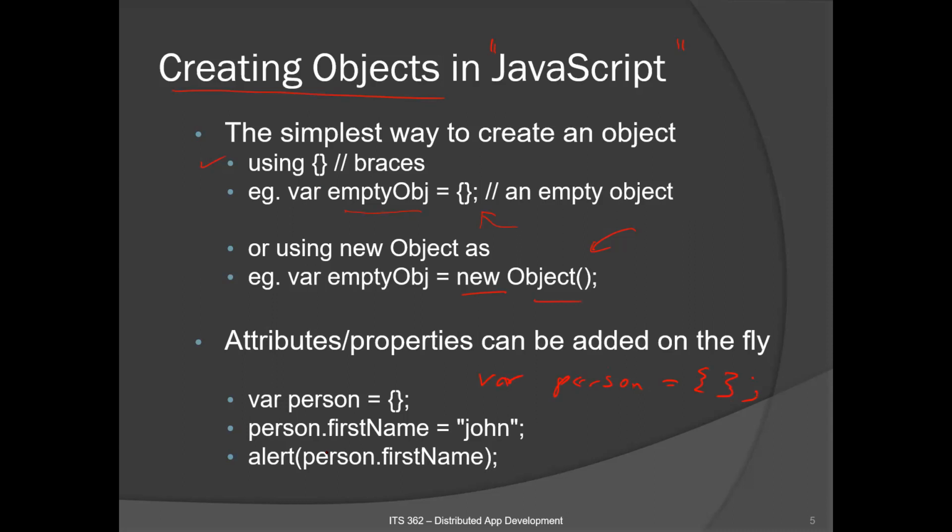Okay, and then after that, remember, it's pretty standard in most programming languages, you will use the dot operator to assign things or reference things from that object. So for instance here, person.firstName, and we assign to it the word John. And then remember, you can always view it, do an alert, for instance, and actually look at the value. So we can assign a value, we can also view the value.